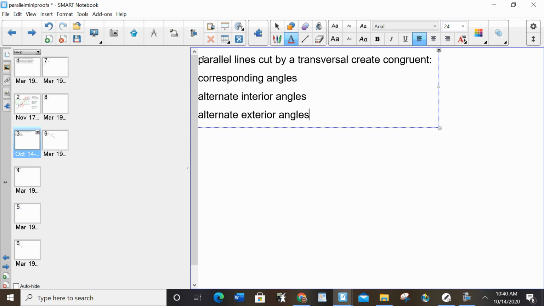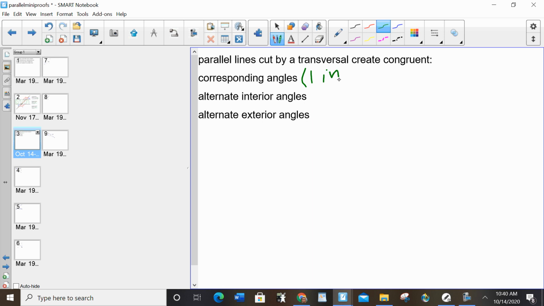So it's going to always start with parallel lines cut by a transversal create congruent, and then it's going to either be corresponding if it's 1 in, 1 out, alternate interior if it's 2 in, alternate exterior if it's 2 out. All right, we did a lot of talking. Time to do some questions.